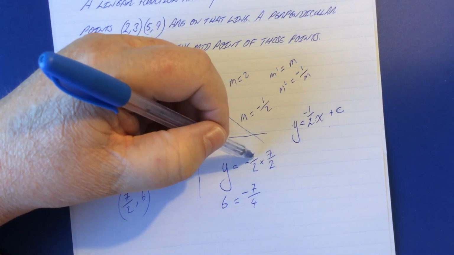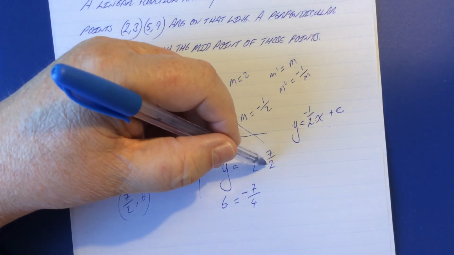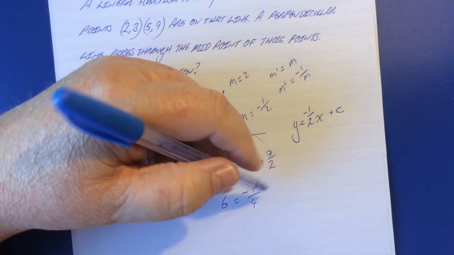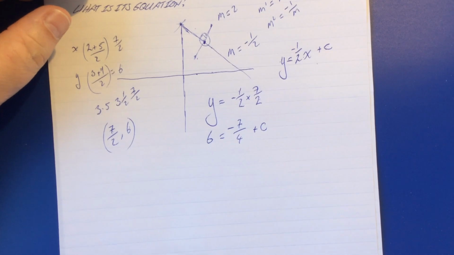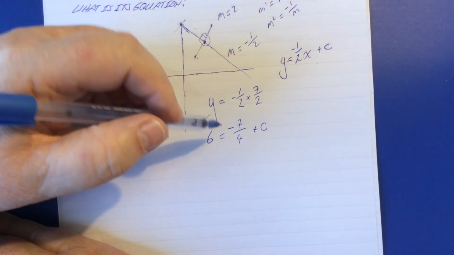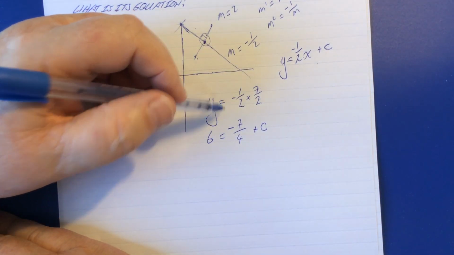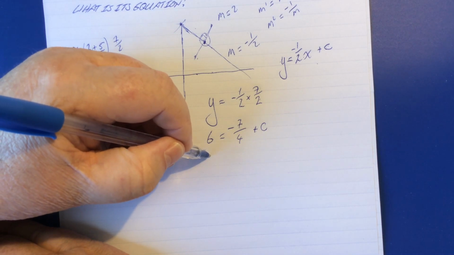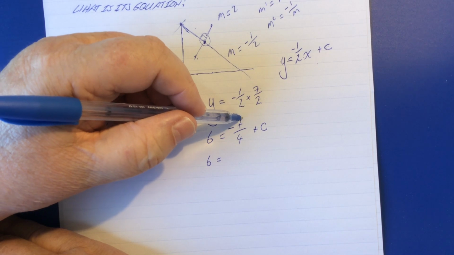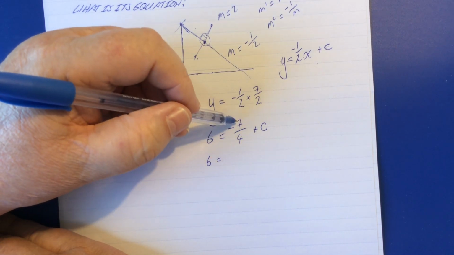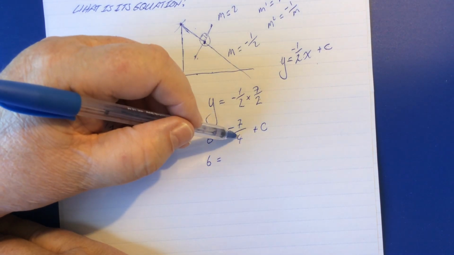We just multiply through here. Negative 1 times 7 is 7. 2 times 2 is 4. So negative 7 over 4 plus c. Now, we're getting close to finding our equation. 6 is equal to, now I'm going to break out of the improper fraction here.